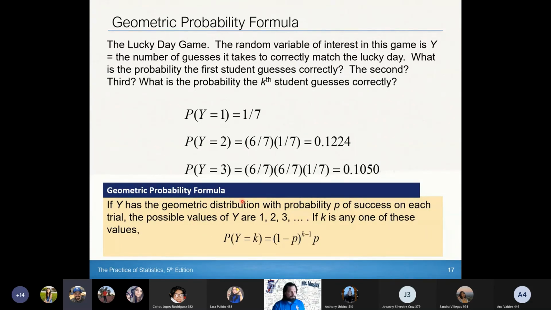So this is our formula. It's a very simple formula. We'll give you a moment to write this down for your notes.